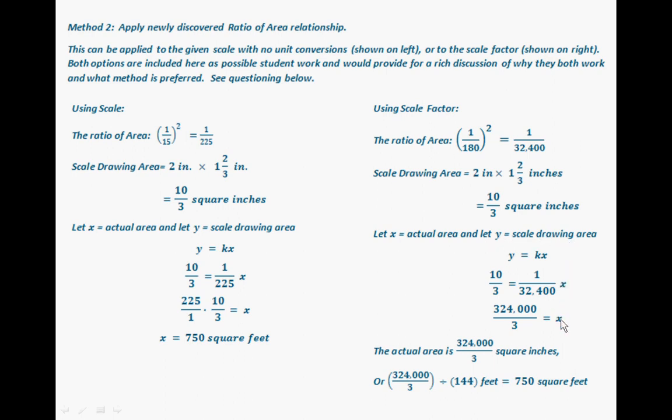And now we have to multiply 10/3 by 32,400. So the actual area is 324,000 divided by 3, which when you convert it into feet is 750 square feet. So you can see that there's several ways to get 750 square feet, but I'm sure you can see which is the easiest way to do that.